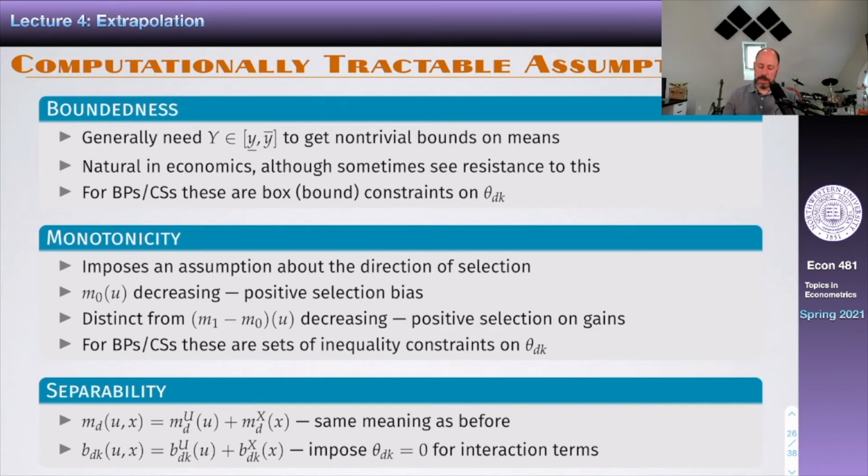And so the way to do that is by just using basis functions that are separable, or in other words, impose that the cross terms are 0 for interactions. And that's essentially it. So here you have boundedness, monotonicity, separability. They're easy to impose. But as I said, if you wanted to impose things like concavity or other types of shape restrictions, it's not difficult to do with those two families of basis functions.